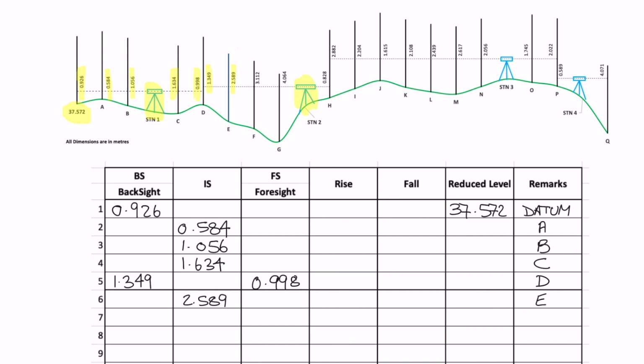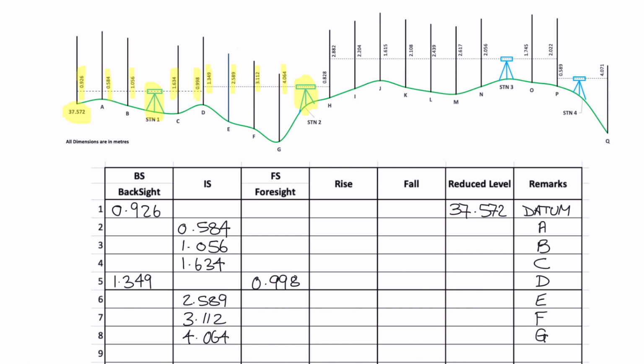Next reading taken is at point F. Its value is 3.112. It is also an intermediate reading. Next value that is read is at point G. The value that is read at that point is 4.064. It is also an intermediate reading and is entered in under the IS column.